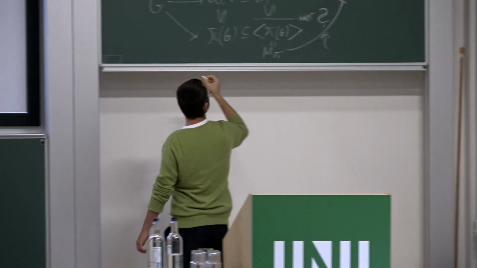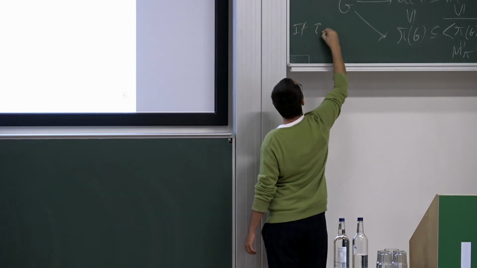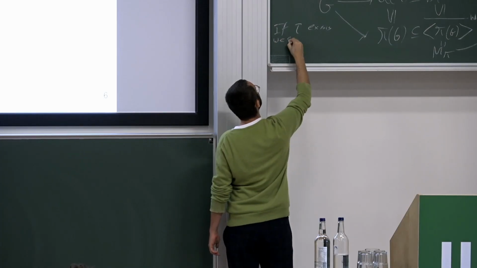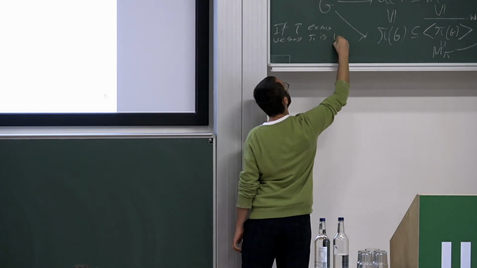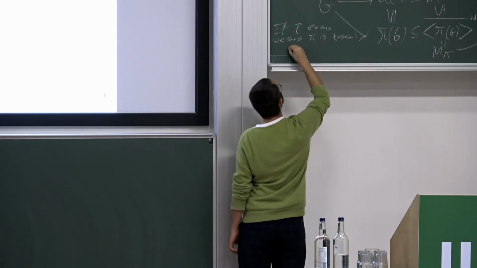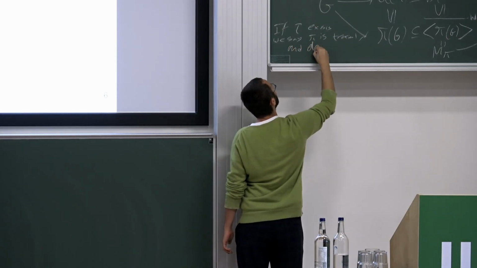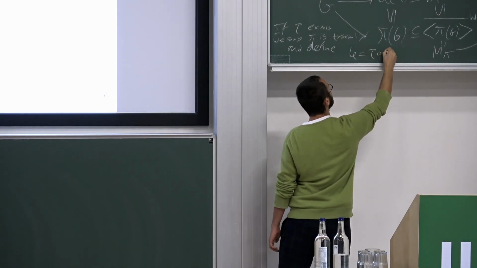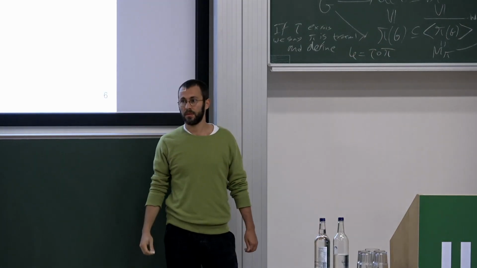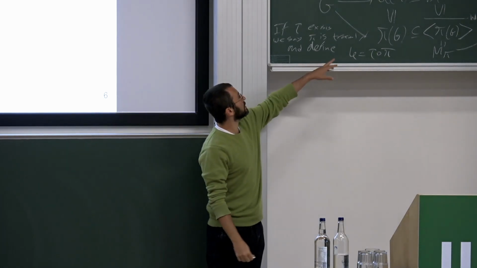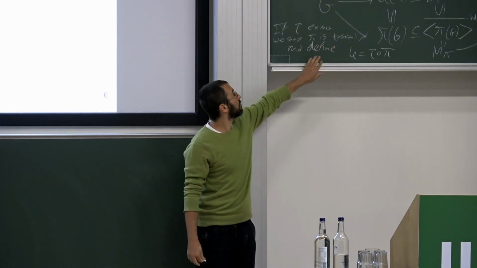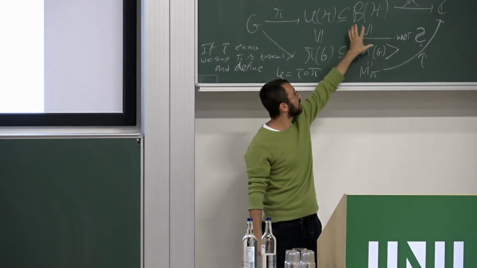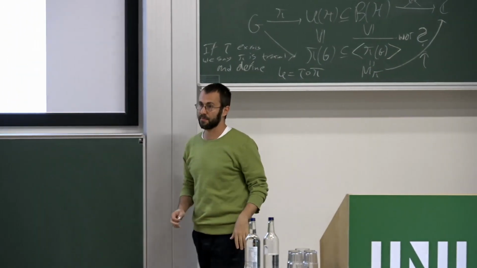But if tau exists, we say pi is tracial and define phi to be the composition of the trace with pi. So this is the definition of a character in general. Of course, if your representation is finite dimensional, you're contained in a matrix algebra, which definitely has a trace. So all finite dimensional characters are characters.